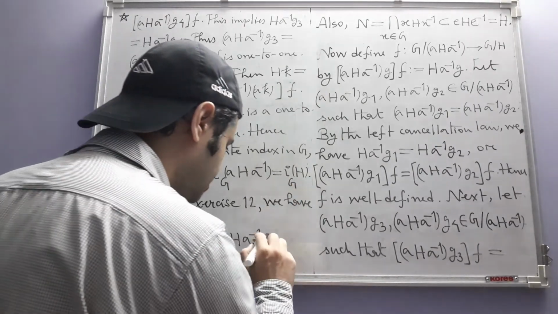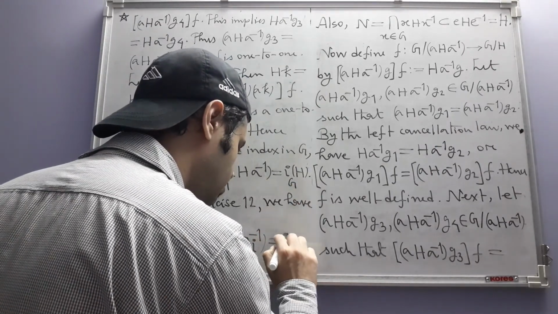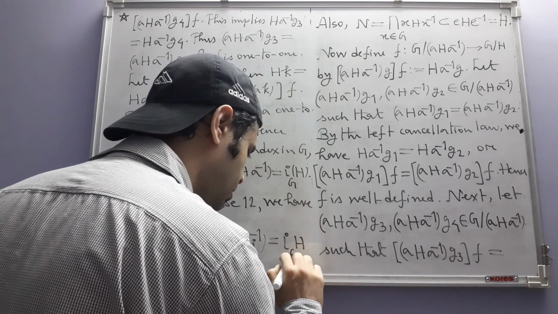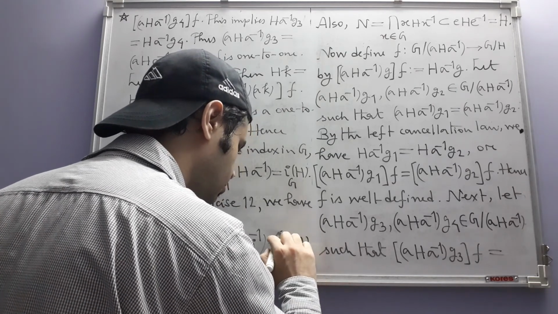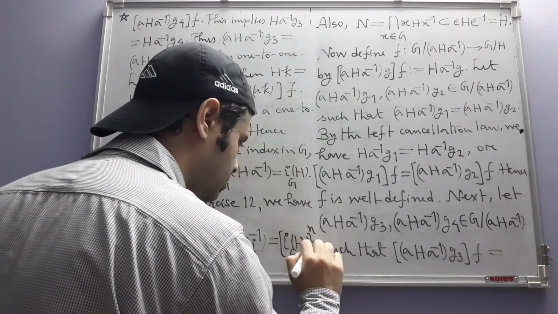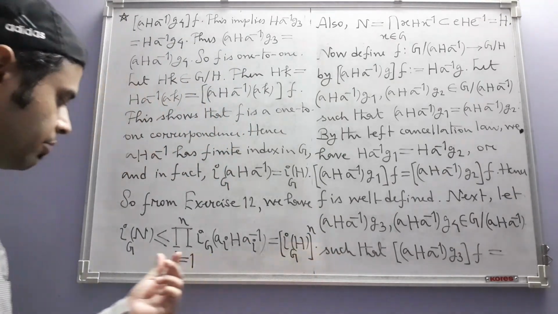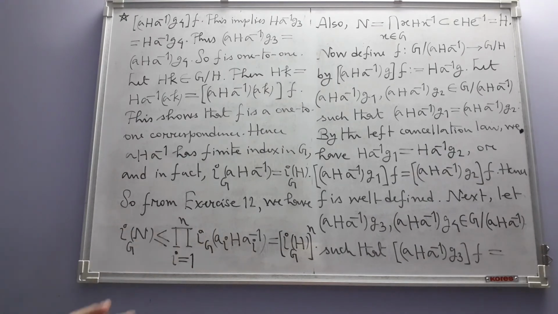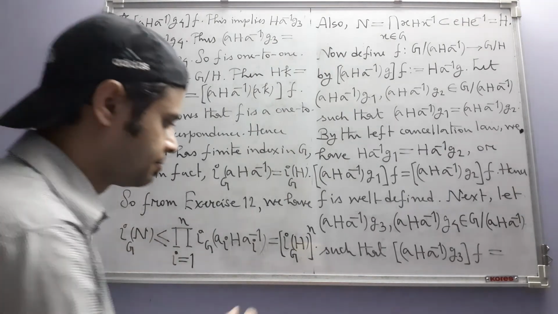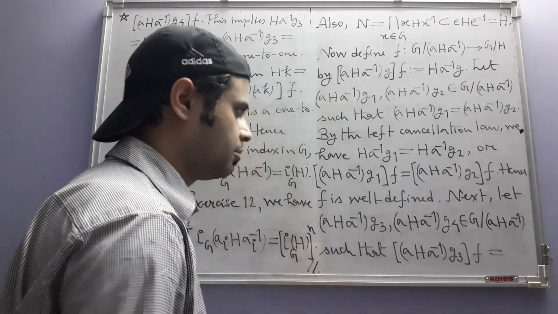So that's why this becomes equal to the index of H in G to the power n. So this is an upper bound for the index of n in G, and in this process we have also shown that the index is finite. Okay, so here the solution ends.